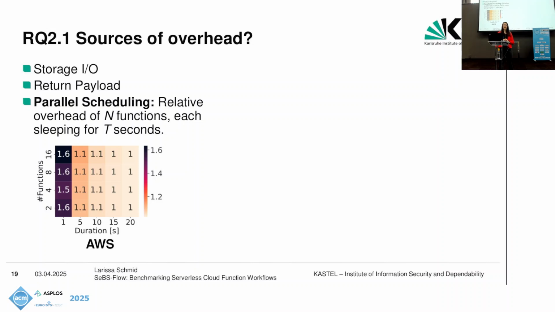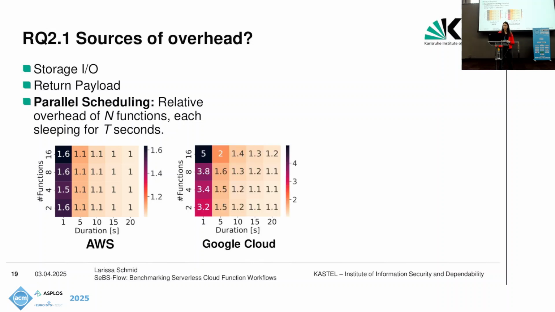What we can see is that while there is some relative overhead for short sleep durations, it fades away the longer we sleep. And it's also not very much impacted by the number of functions we're scheduling. On Google Cloud, approximately the same is true. While there is a little bit bigger relative overhead for shorter sleep durations, it also fades away for longer sleep durations.